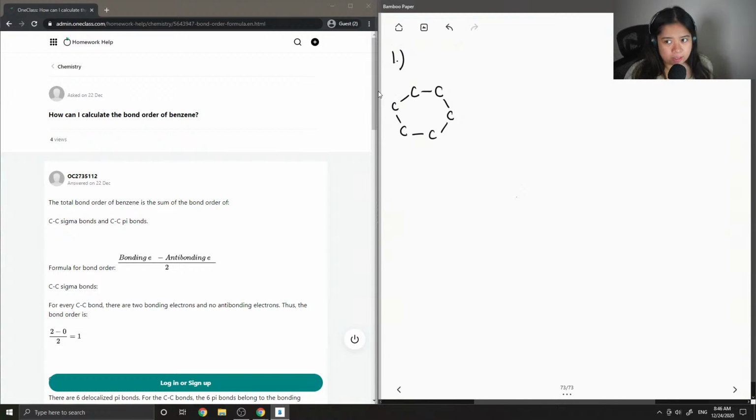Most of the time there's a double bond between every other atom, like this. Each carbon contains a hydrogen as well. So you can see that this molecule contains both single and double bonds.